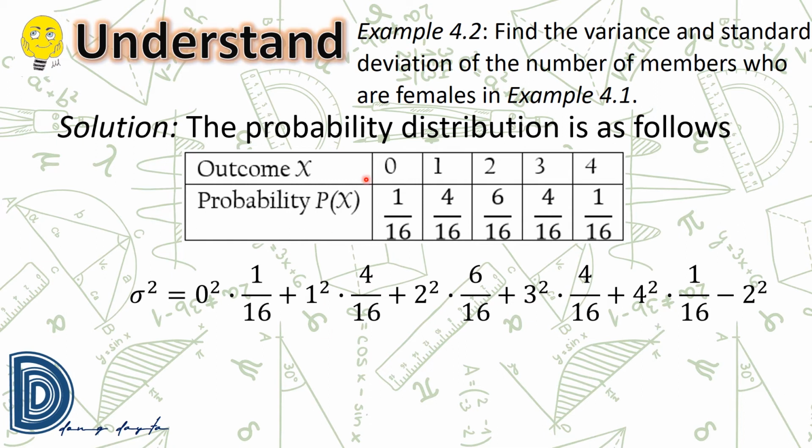So we have 0 squared times 1 over 16 plus 1 squared times 4 over 16 plus 2 squared times 6 over 16 plus 3 squared times 4 over 16 plus 4 squared times 1 over 16 minus the square of the mean, 2 squared.